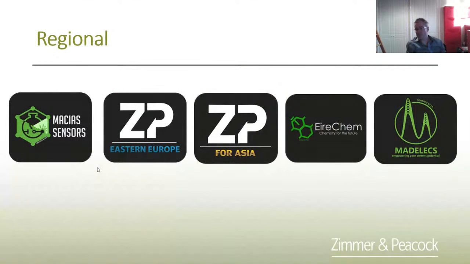It's probably worth saying that, at ZP, we are actually very entrepreneurial in our outlook. At the moment, we have different sister companies of ZP in different regions. We have Macias Sensors in Spain. We have ZP Eastern Europe, which is based in Macedonia.